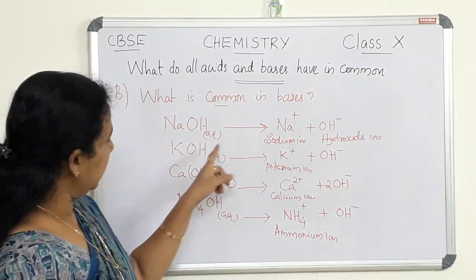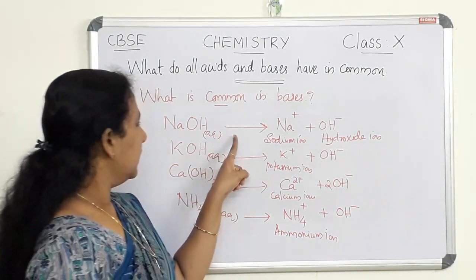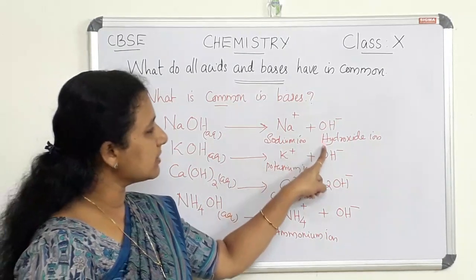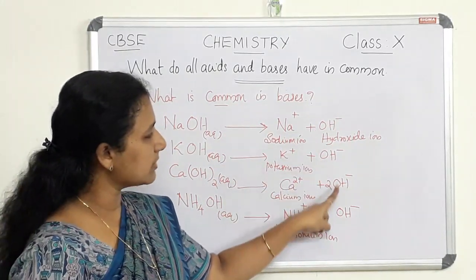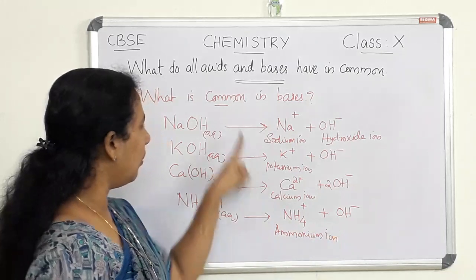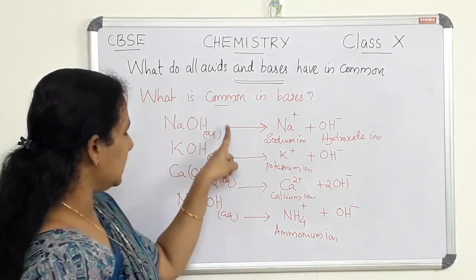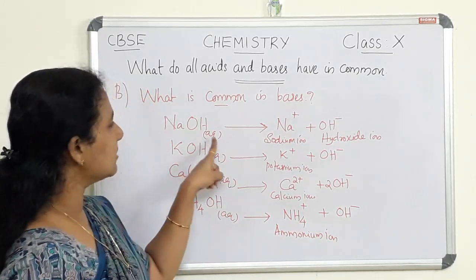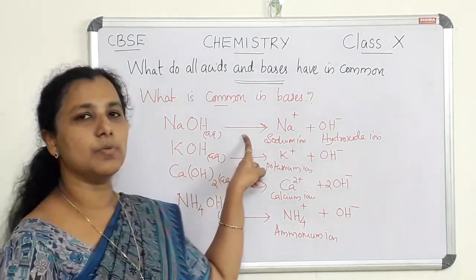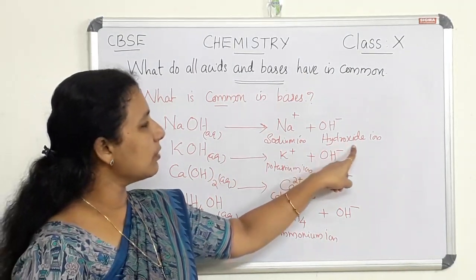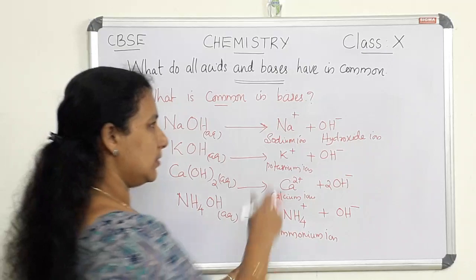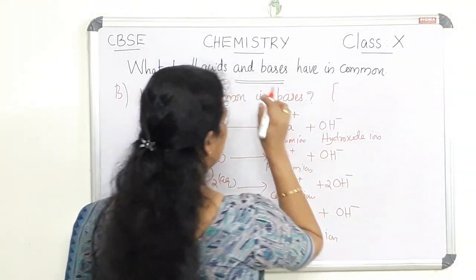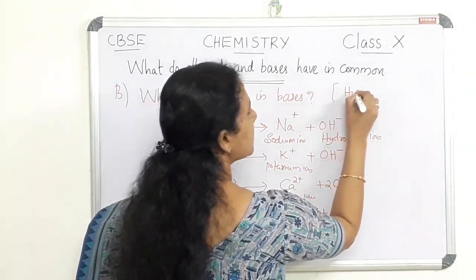So in these cases we can see hydroxide ions. We can see hydroxide ions are common in all these bases. So these are the common bases. These bases dissociate to produce hydroxide ions in common. So the first point is hydroxide ion.